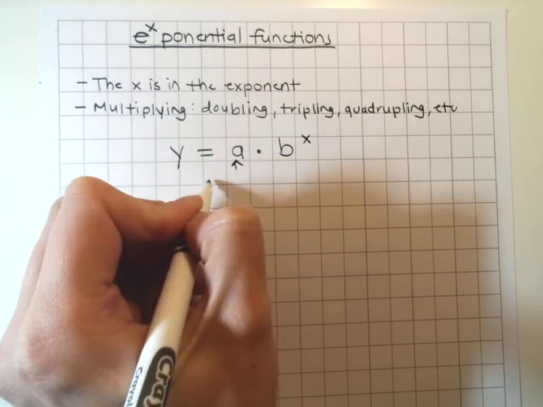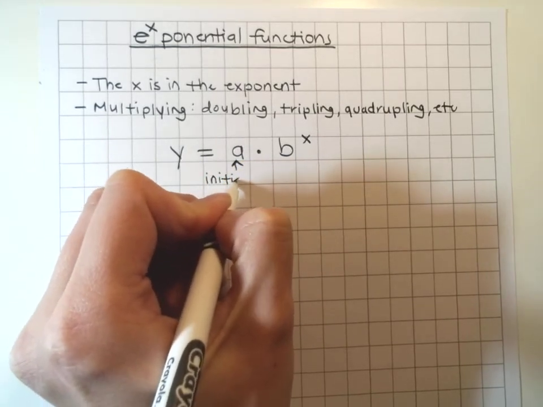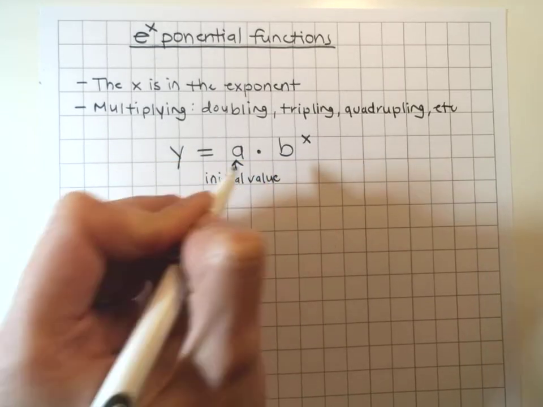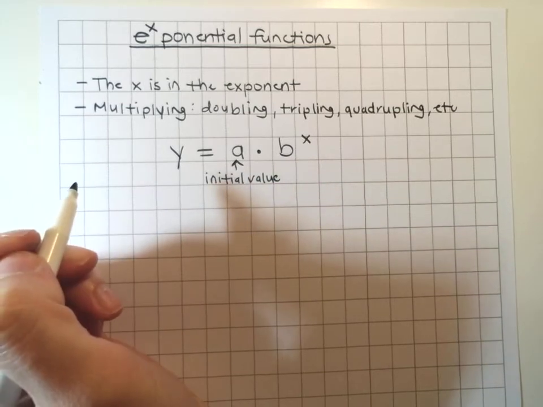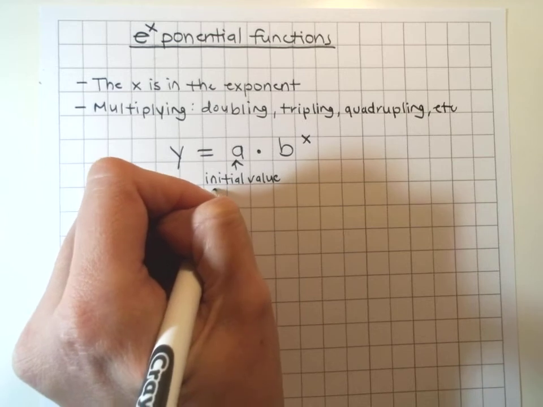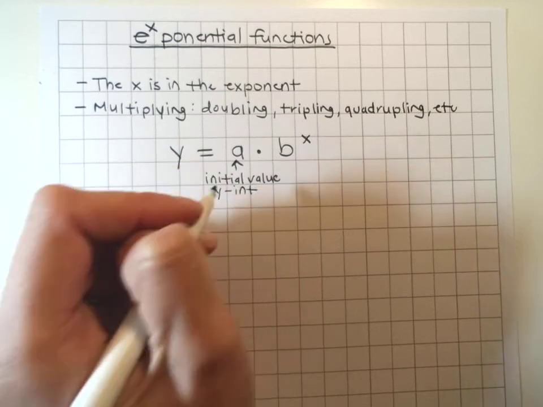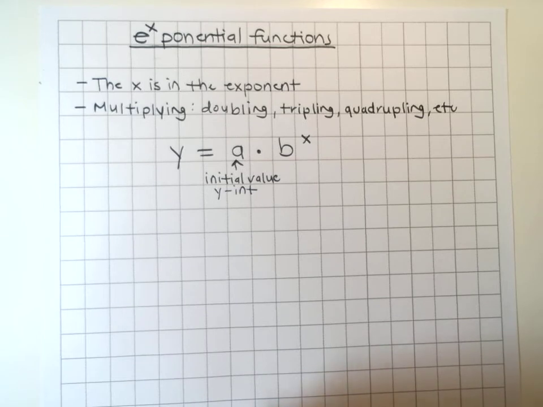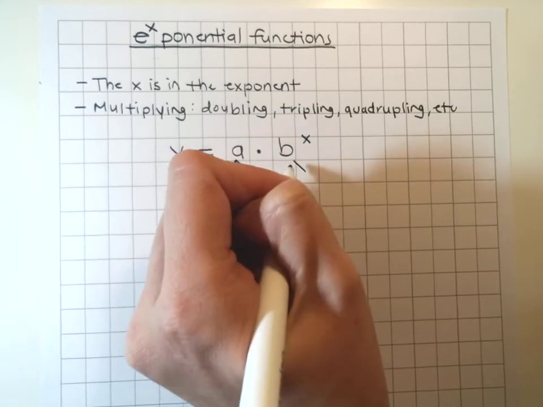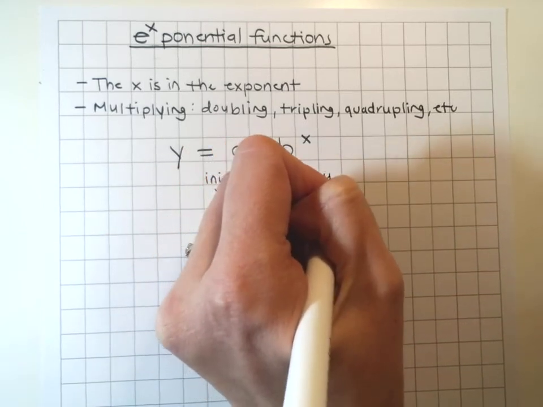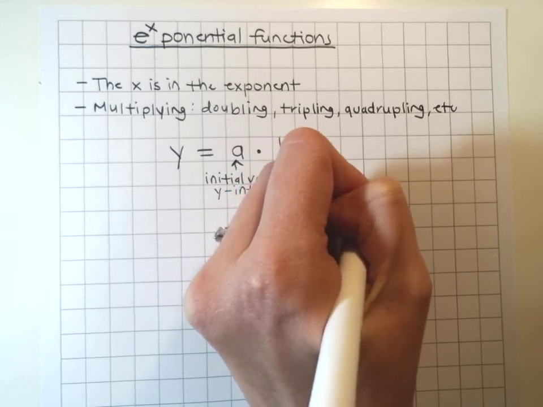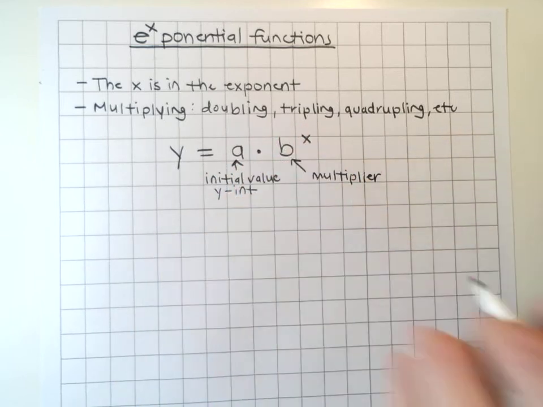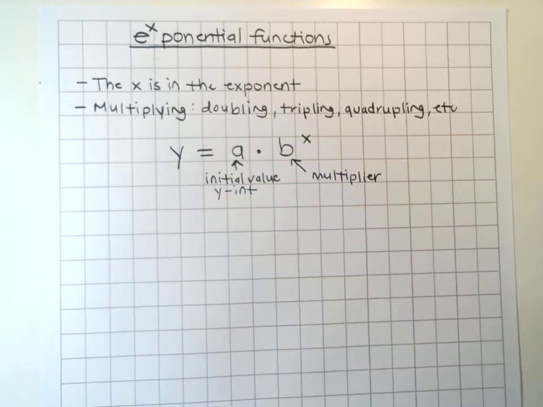And a is your initial value, so what you're starting with, which is going to be your y-intercept. And then b is your multiplier, so how much you are multiplying by each time.